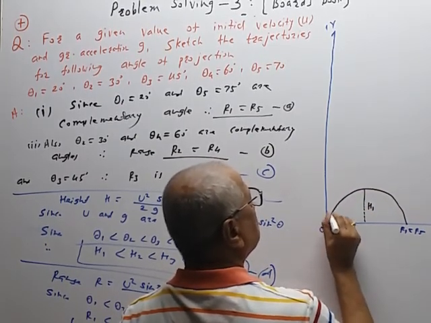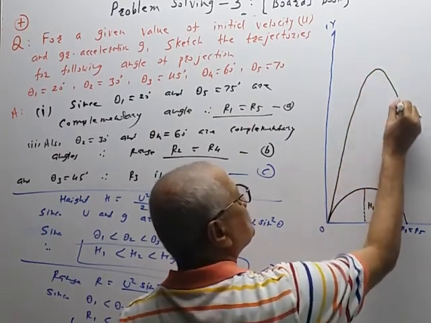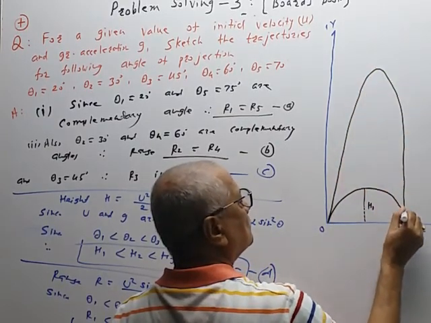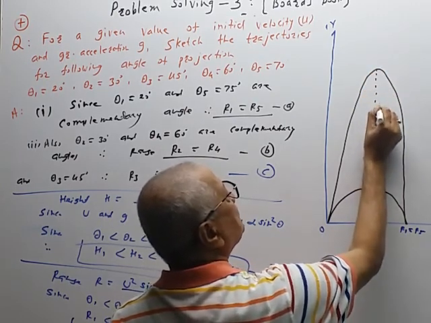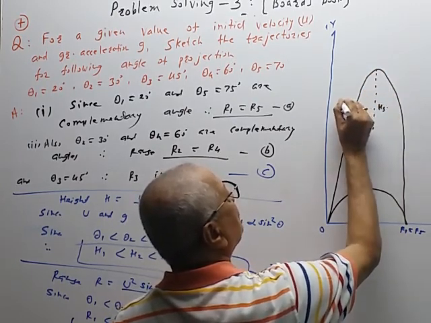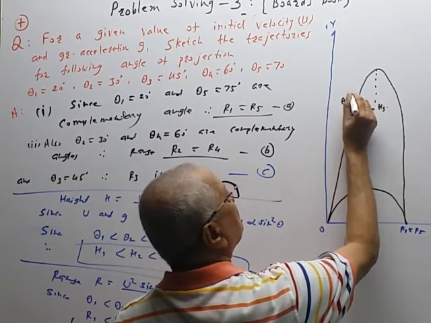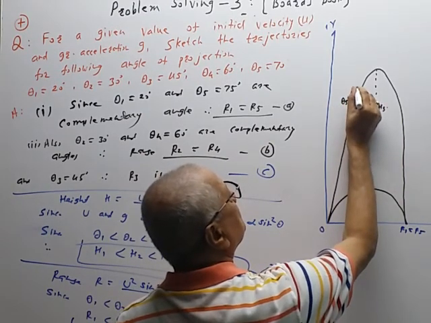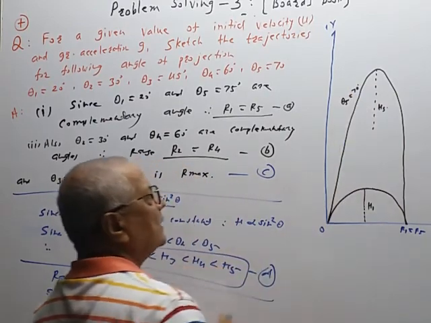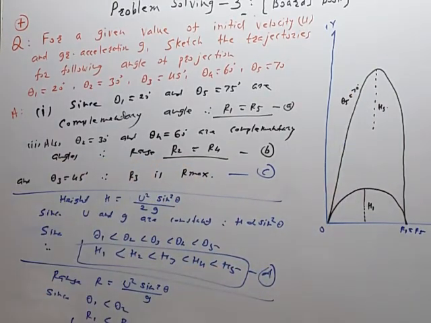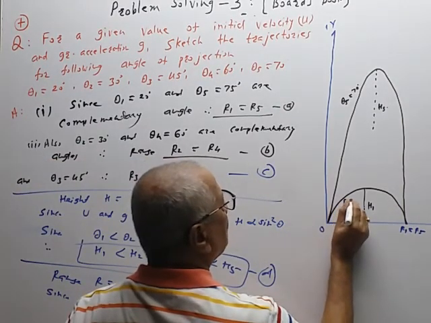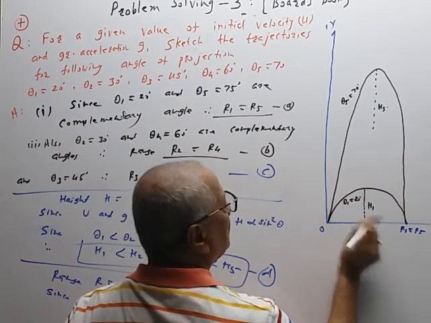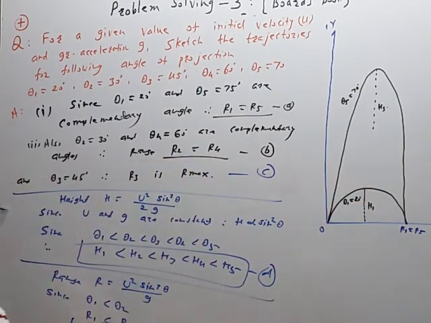This is h5. So this is for theta 5 is equal to 70 degree. This is for theta 1 is equal to 20 degree. So their range is same.